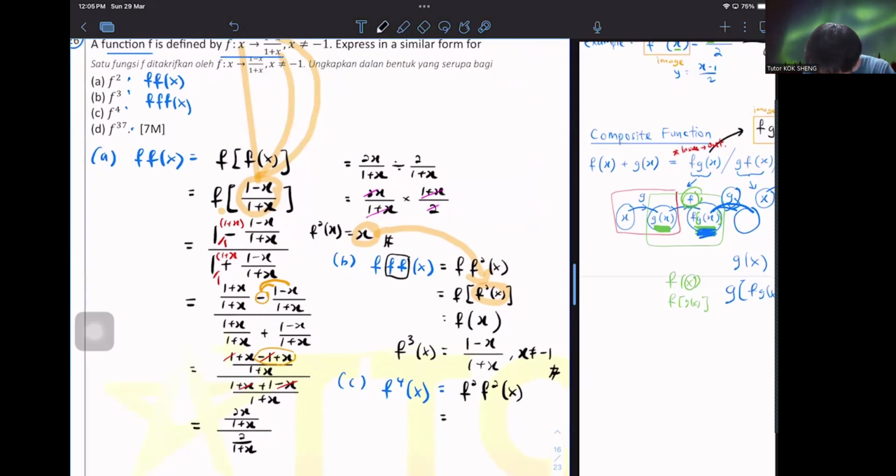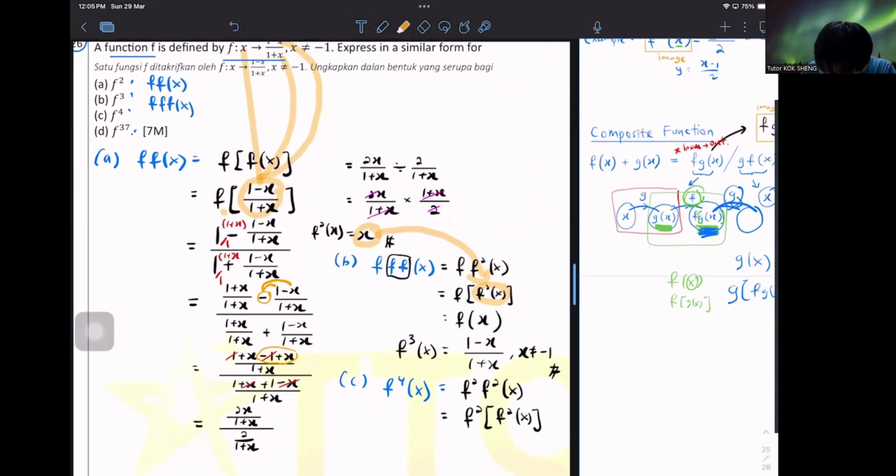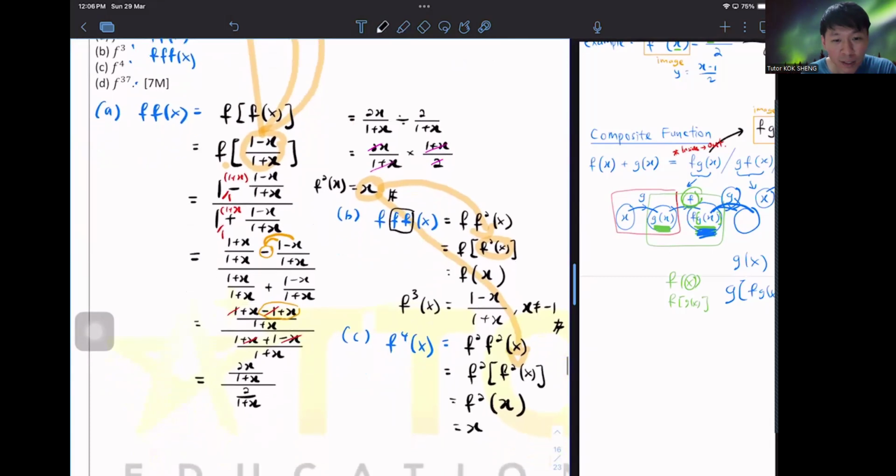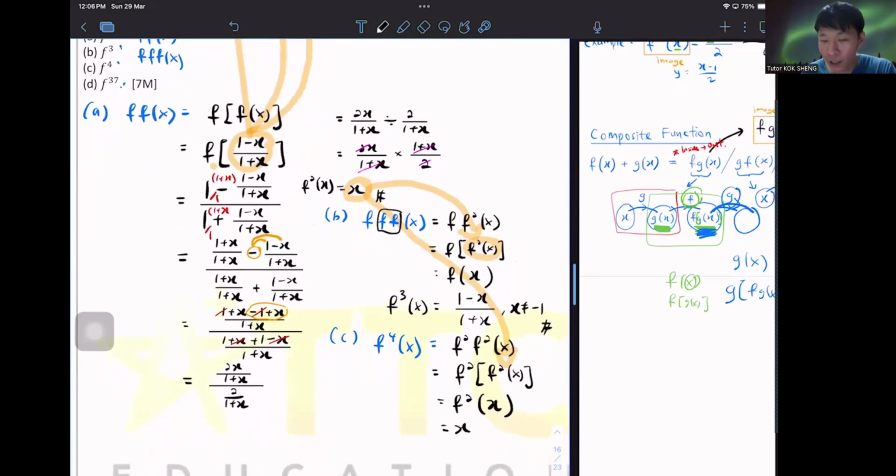So get like this, inside out. This one also can go in and become x. Then you get only F square x left. F square x, again, equals x, right?